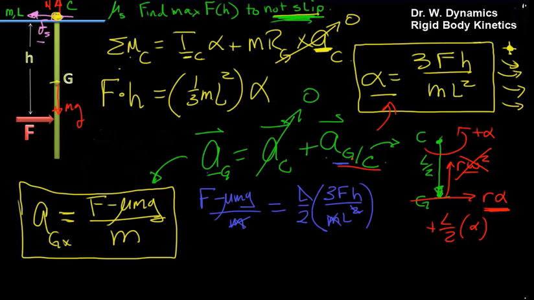And our goal here is to find F max. So let's clean this up a little bit more. I'll bring the 2L up here as well, just to get rid of them. So we'll end up with 2LF minus 2L mu mg is equal to 3FH.